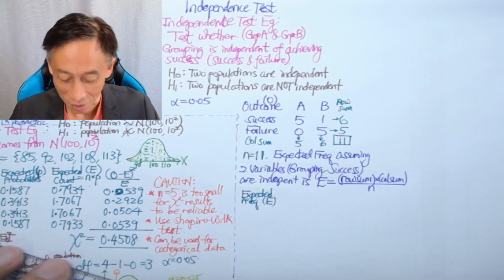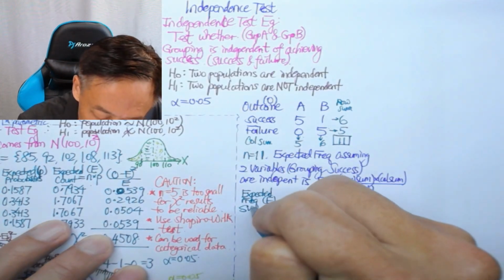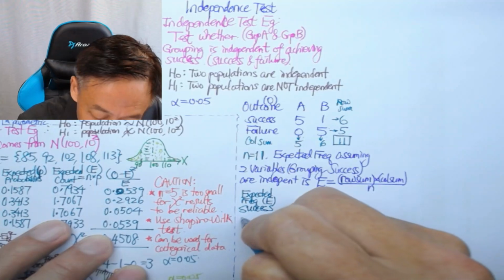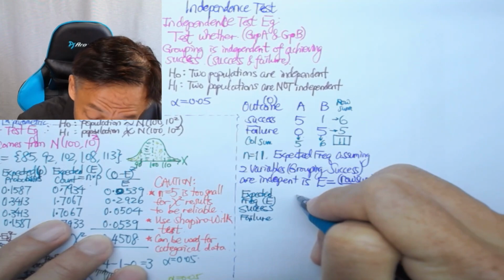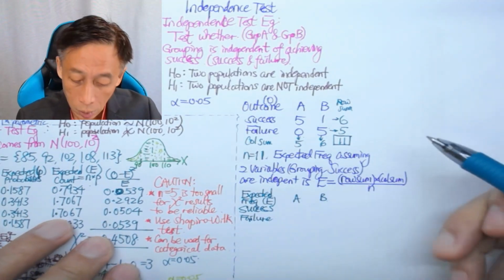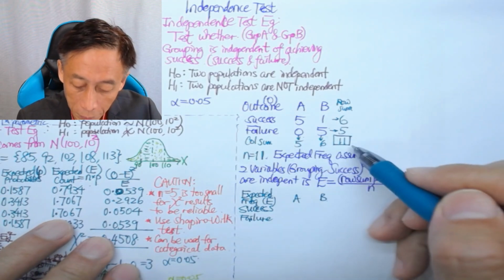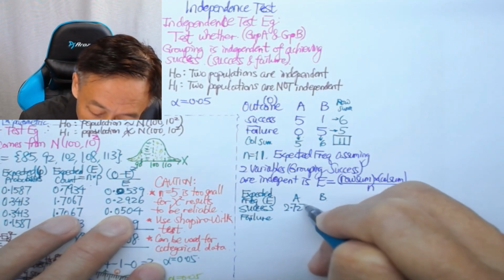Yeah, something like that. Okay, so let's finish up our discussion here. So I just quickly repeat success, failure, A and B, right? So if you do that, 6 times 5 divided by 11, you should get 2.7273.